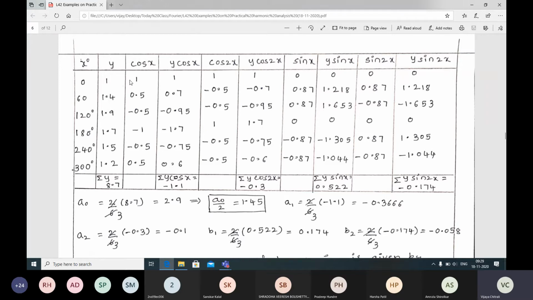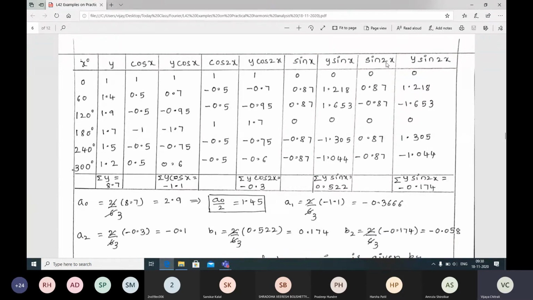So y sine x: the y values are here and the sine x values are here. 1 into 0, 0. 1.4 into 0.87, 1.218. 1.9 into 0.87, 1.653. 1.7 into 0 is 0. 1.5 into minus 0.87 is minus 1.305. 1.2 into minus 0.87 is minus 1.044. So the sum of all y sine x values, we get the summation of y sine x as 0.522.